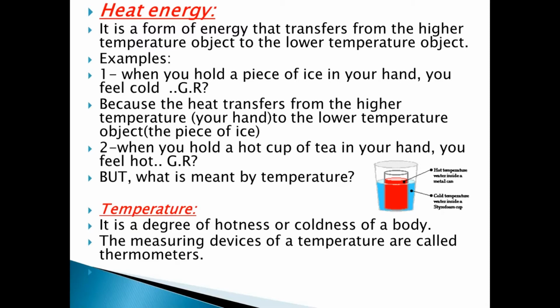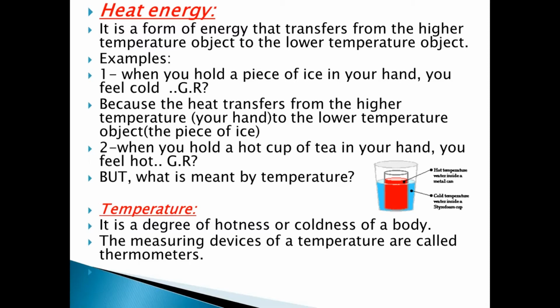There is a difference between temperature and heat. Heat, we said, is a form of energy, but temperature is the degree, the point of hotness or coldness of a body.